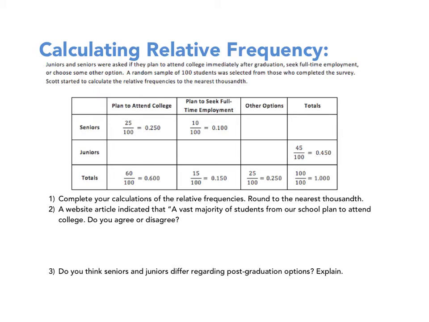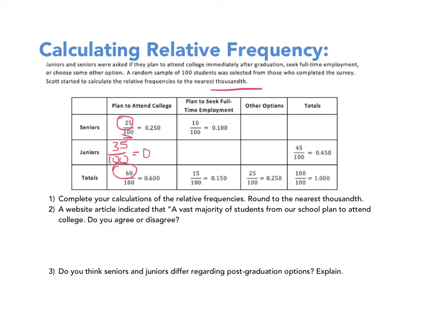So I can see that my responses are actually here above the 100, the part. The 100 is the whole. So we have 25 and 60 in this column. Now 25 plus a number needs to add up to 60, which is going to be 35. So we have 35 out of 100, and we're rounded to the nearest thousandth.